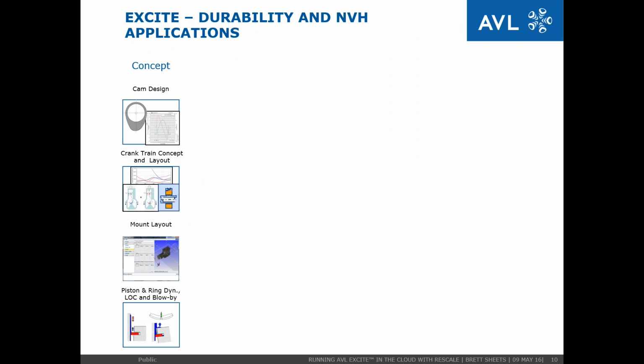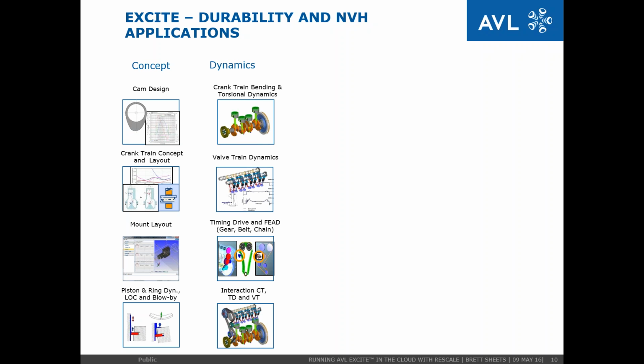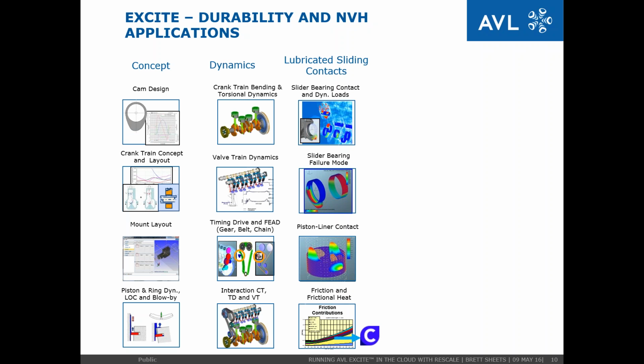The tools for the virtual concept allow us to go from concept analysis, where we lay out the engine, look at upfront designs to size the engine, then use tools for doing dynamics such as crankshaft torsional vibrations, valve trains, integrated valve trains with the crankshaft, and as I mentioned, slider lubrication for bearings and looking at failure mechanisms.